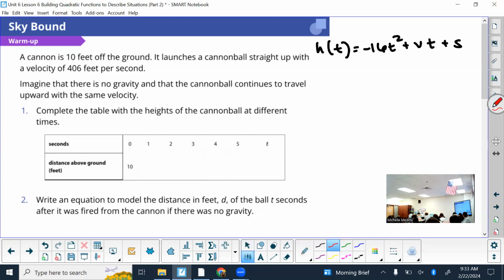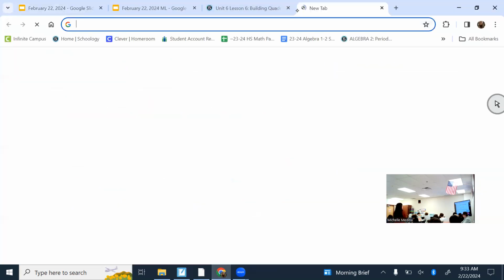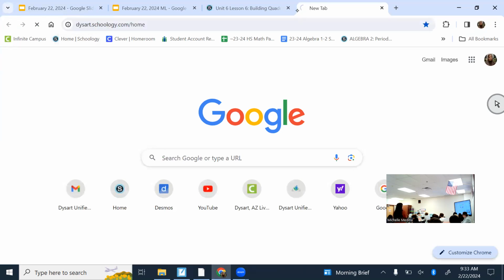When there's gravity. So maybe we need to pull up our notes from yesterday, but we'll also review some of those key parts right now.